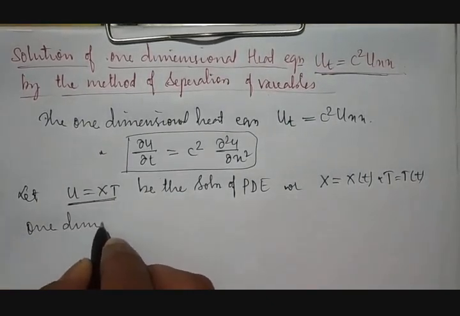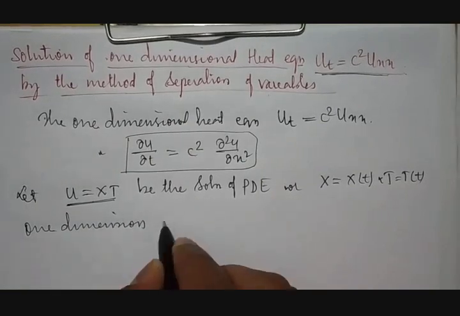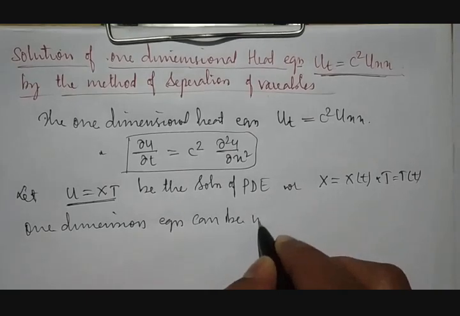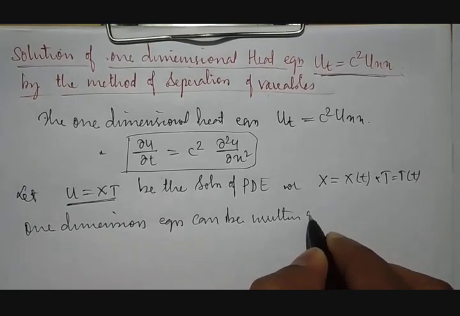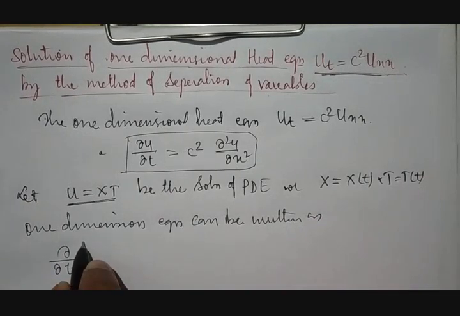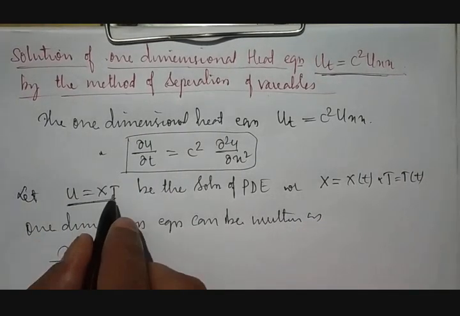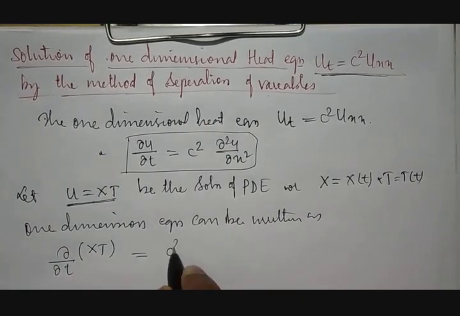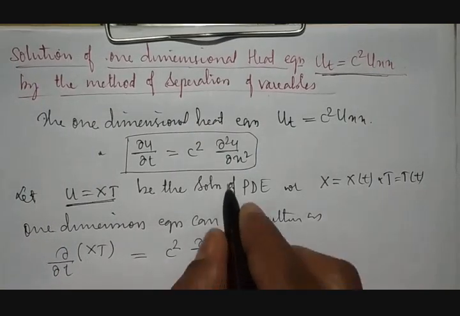The one-dimensional heat equation can be written as ∂/∂t of u. But what is u as per this? X T = c² ∂²/∂x² of u. What is u?